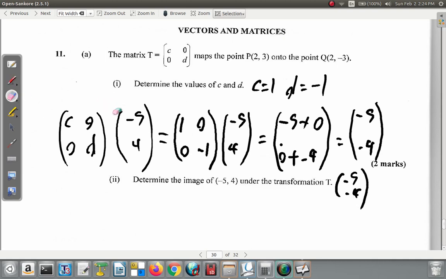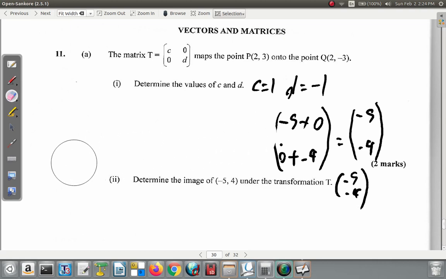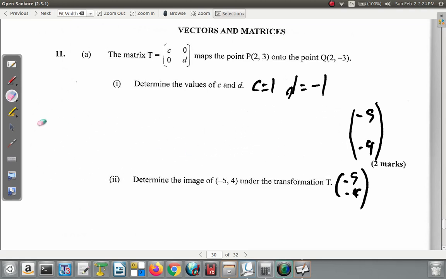By the way, let's take a look at what this matrix really does. The transformation matrix. What is the transformation taking place here? If you have your x and y axis, and let's say you have your 1, 2, 3, 4, 5, 1, 2, 3.